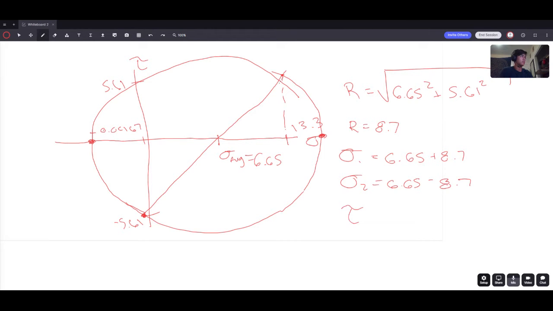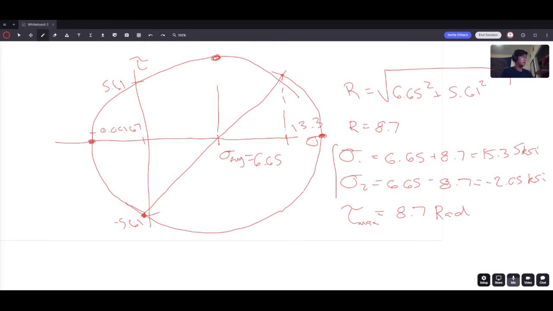And our tau max, which would be straight up right here, is just going to be equal to our radius, which is 8.7. Sigma 1 is equal to 15.35 KSI. And 6.65 minus 8.7 equals negative 2.05 KSI.